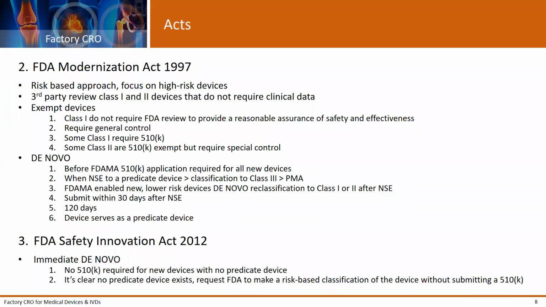This means that the FDAMA enabled new lower risk devices a de novo reclassification to class 1 or 2 after they have been ruled non-substantially equivalent, which means if companies applied for a 510K process and it was denied, meaning devices were not substantially equivalent, they could reclassify to class 1 or 2.